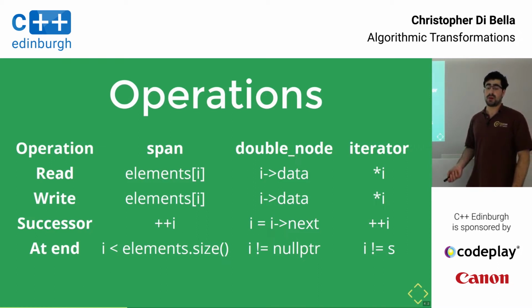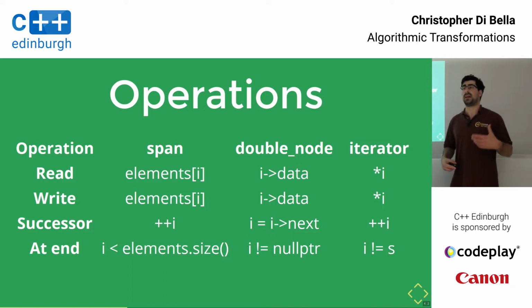And then for the successor, which is the next element, for the span, we are increasing the integer that is its index by 1. For the list, it's going to take the next element, which is referred to by the node structure itself.